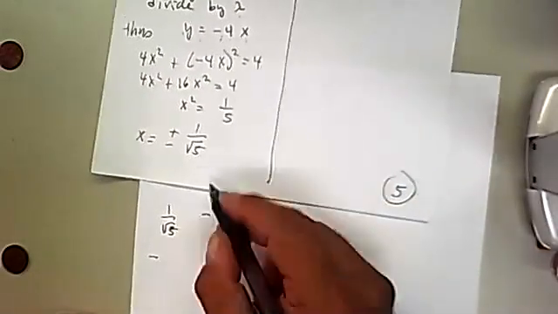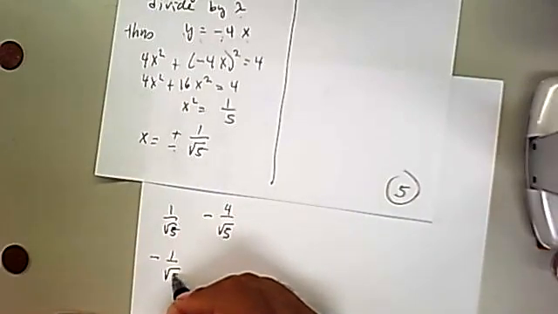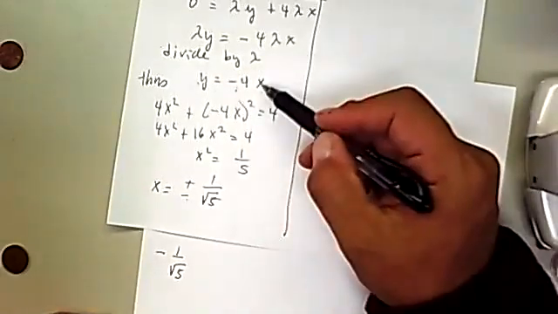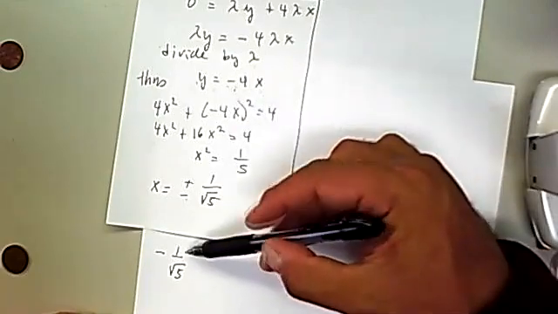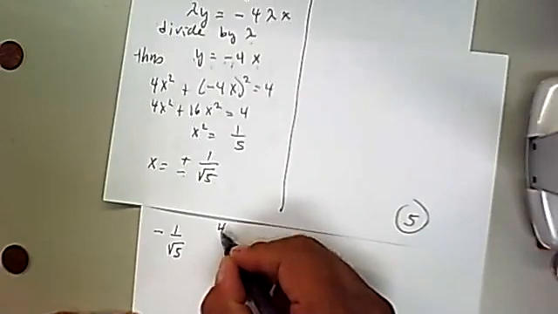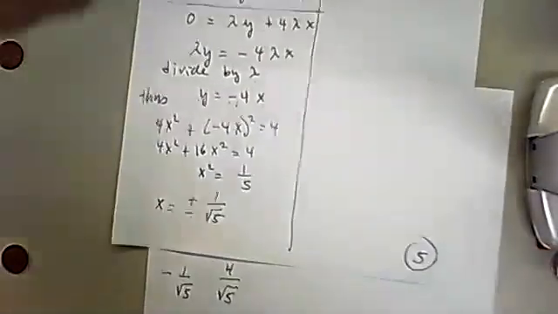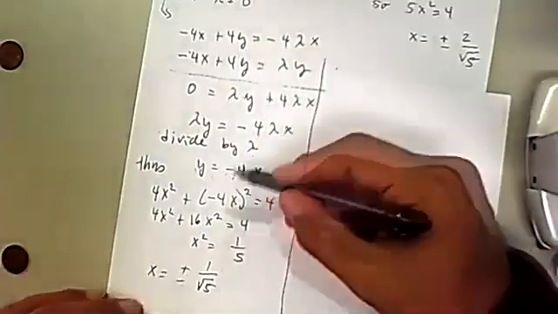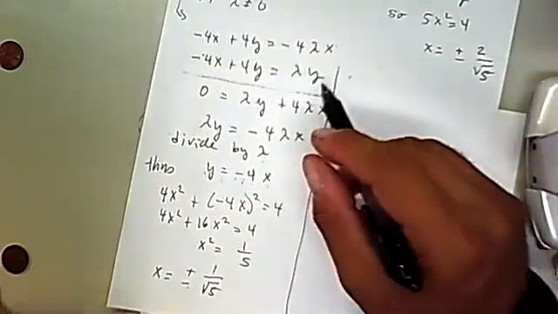If we have negative 1 over the square root of 5 for x, y has to be opposite of this number, so 1 over square root of 5, 4 times as much, 4 over square root of 5. The lambda disappeared in this because we did divide by lambda. So we have to recoup the lambda.